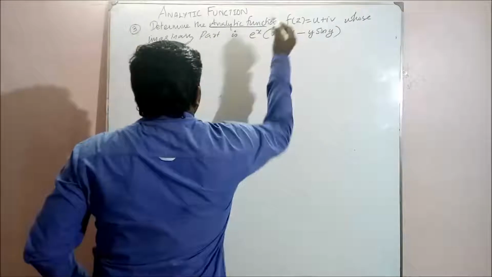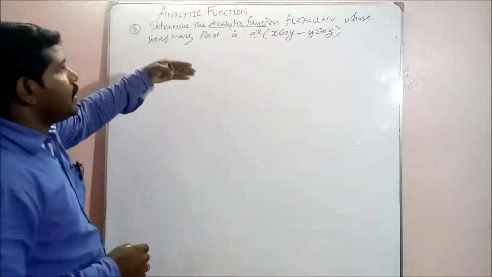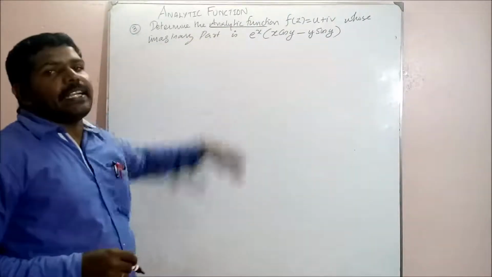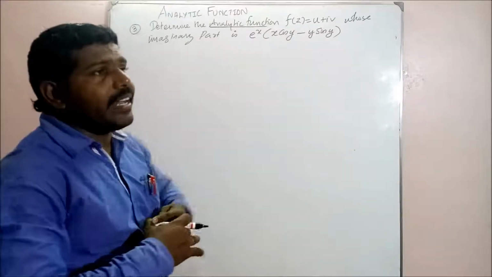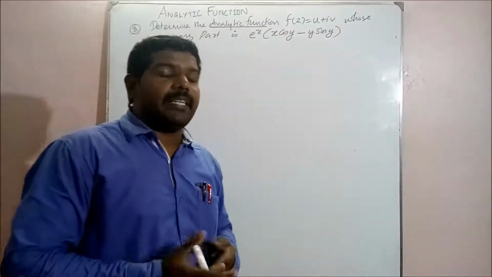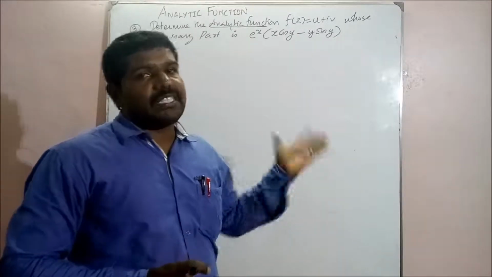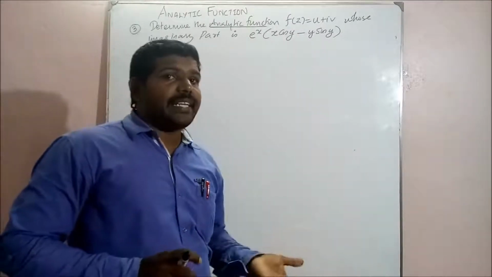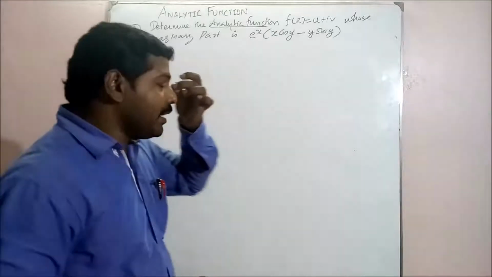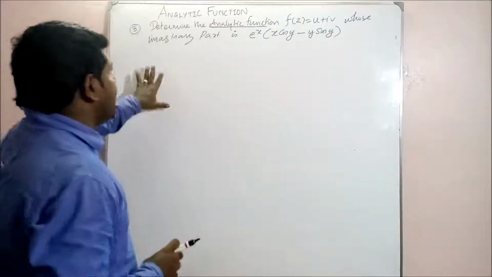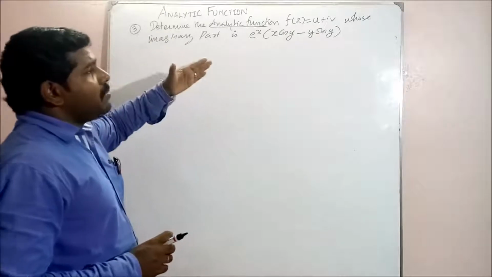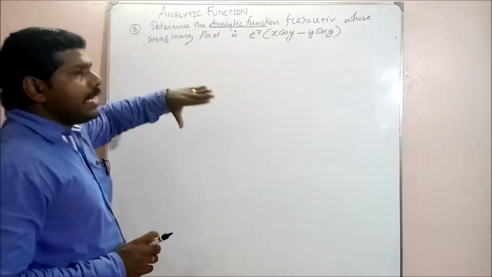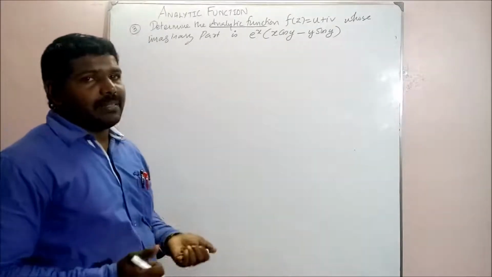I already told you, if the question asks find the analytic function, determine the analytic function, or construct the analytic function, then first see whether the real part is given, the imaginary part is given, or neither real nor imaginary is given.